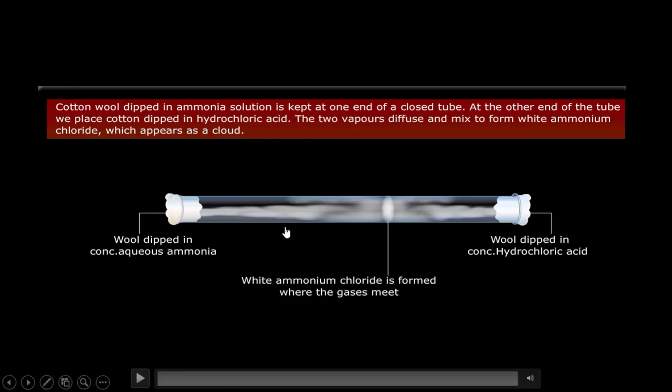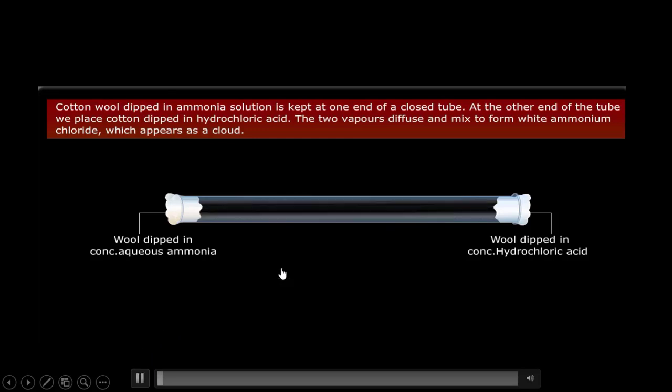The white ammonium chloride, the white precipitate, is formed closer to hydrochloric acid, and you can check it at this point where you can see this cursor. That is where the two gases meet, and I think we can look at a question from that part.